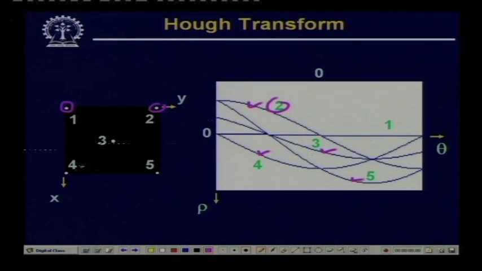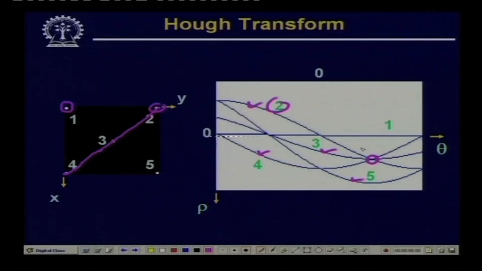And now you find that if I want to find the equation of the straight line passing through, say, points 2, 3 and 4, then these 3 sinusoidal curves are meeting at this particular point in the rho theta plane.